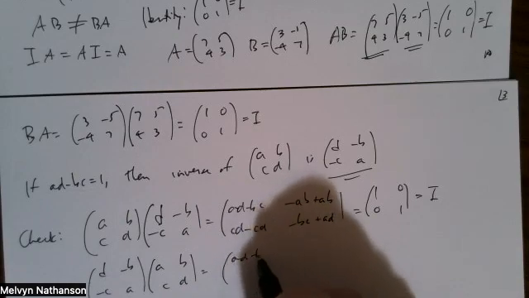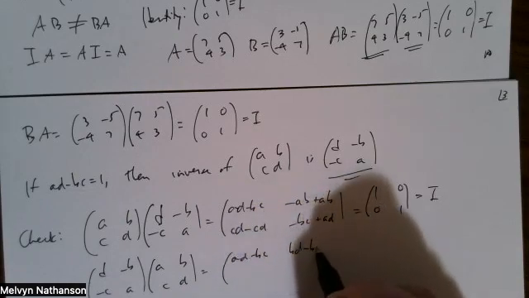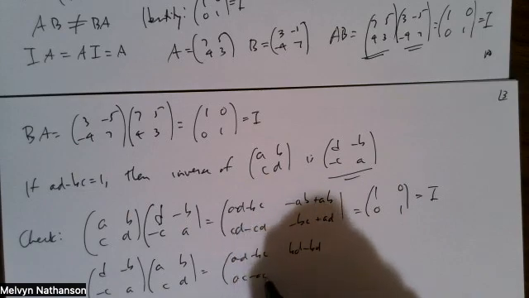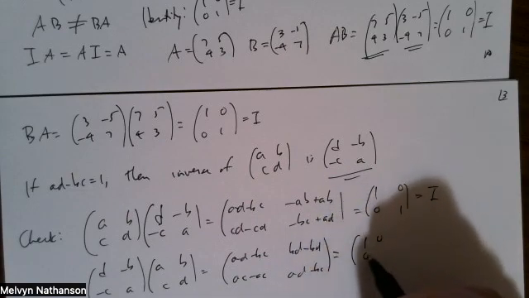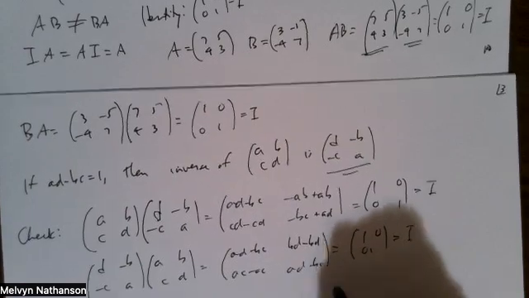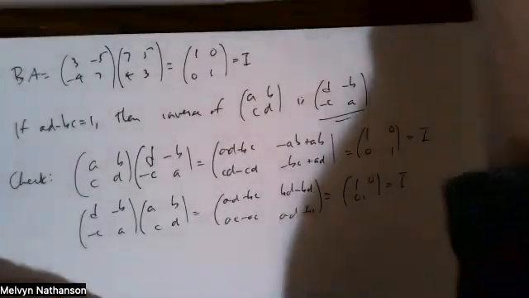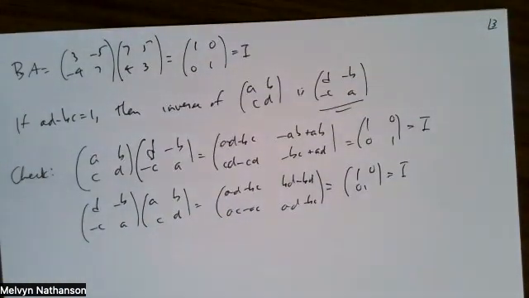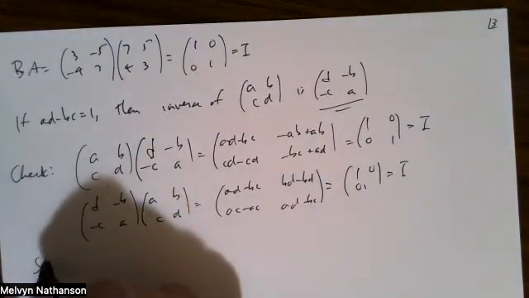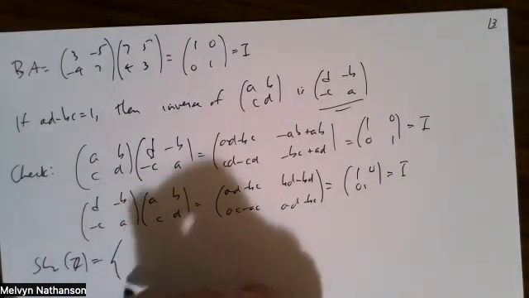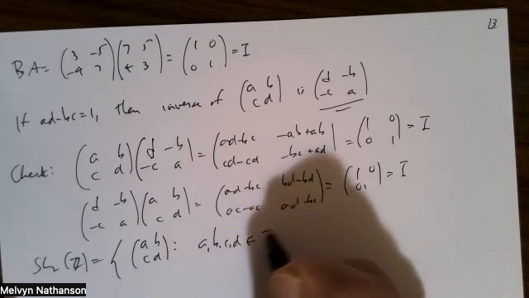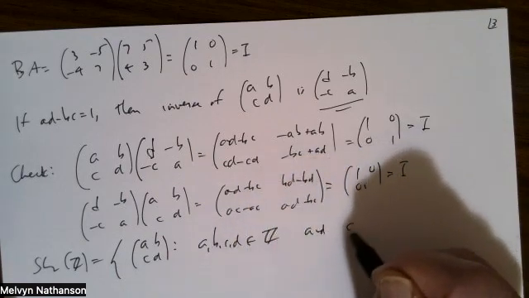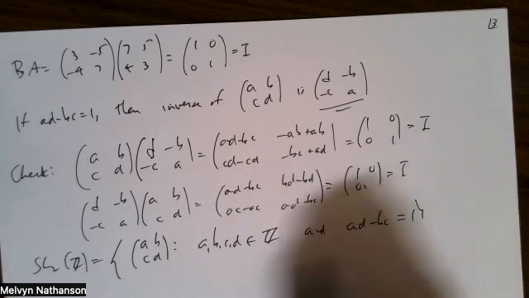This is AD minus BC, BD minus BD, AC minus AC, AD minus BC. Again, that's the identity matrix. So we have this very beautiful example, SL2Z, which is the set of all matrices A, B, C, D with A, B, C, D integers, and determinant AD minus BC equal 1.